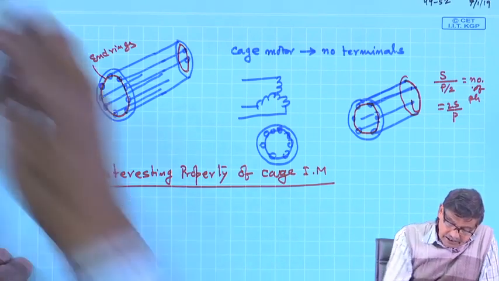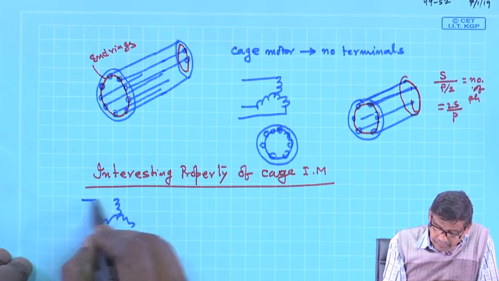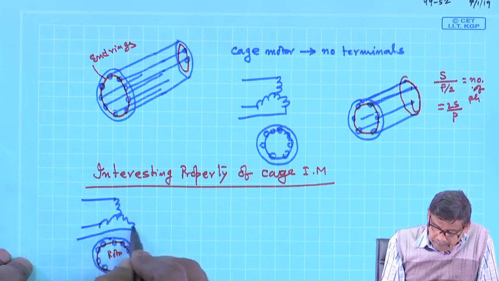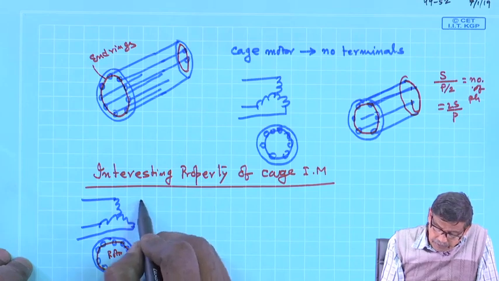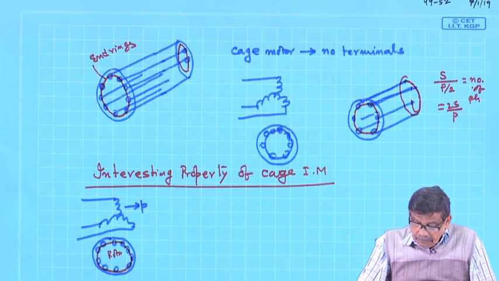On the stator, I have got a 3-phase winding, and it produces p poles, a 3-phase winding wound for p poles.